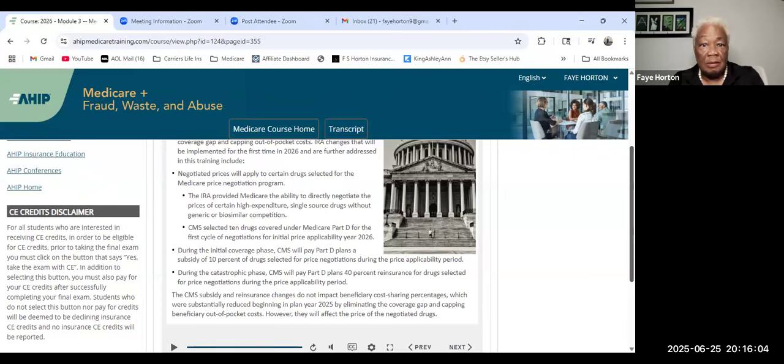So in a nutshell, there are 10 drugs that were chosen at the end of 2024 by CMS to be negotiated, and those prices will be much lower. And they're going to be drugs like, if I remember the list that I saw, as an example, and you all will recognize this one, I think Eliquis is one of the ones that's on that list.